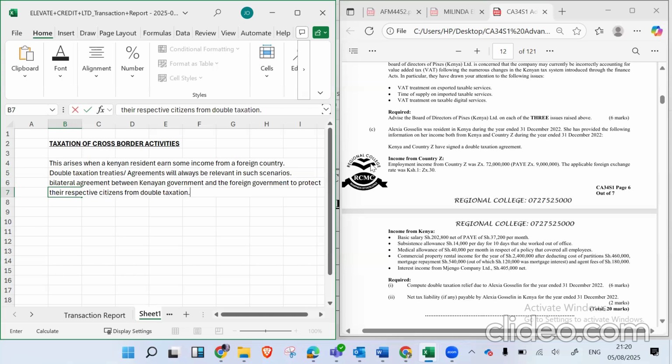So it's meant to protect the citizens from being taxed in Kenya and also being taxed in the foreign country.